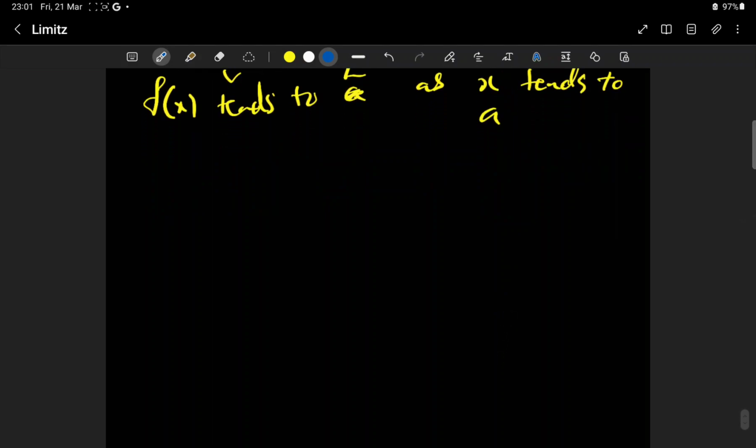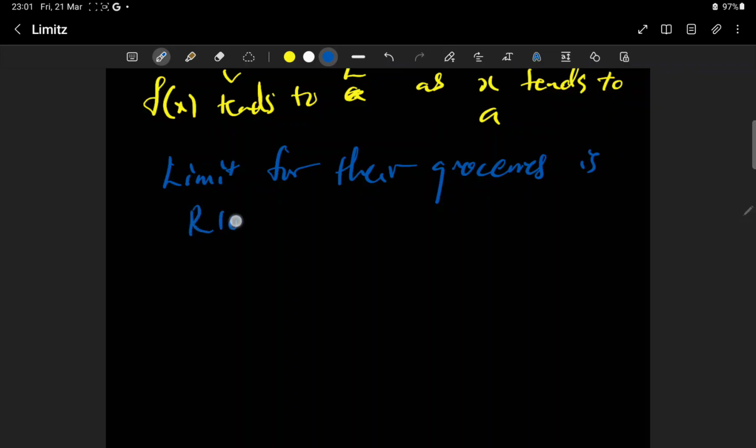When someone says, for instance, the limit for my groceries is, let's say, 1,000 rand, it can be that this person had a budget which is greater than 1,000, let's say their budget is 1,200. And then they say that their limit is 1,000.